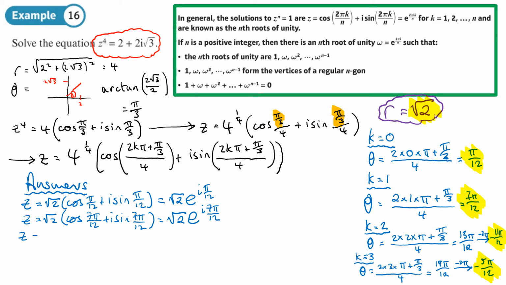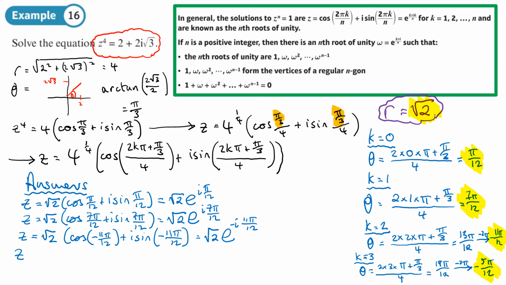Third root, root 2 cos negative 11 pi over 12 plus i sine negative 11 pi over 12. So that'll be root 2 e to the negative i 11 pi over 12.